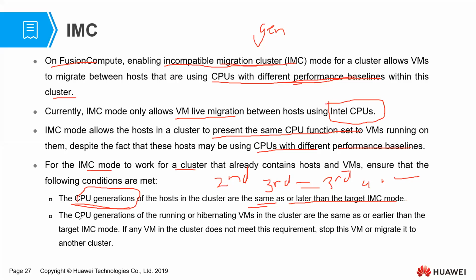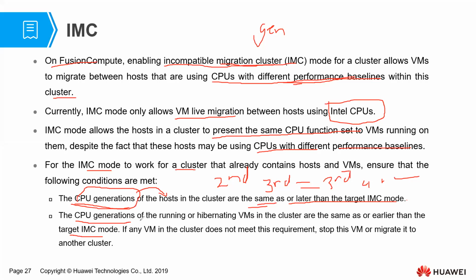Also, the CPU generation of the running or hibernating virtual machines in the cluster must be the same as or earlier than the target IMC mode. So what you should take note of: the CPU generations of the hosts must be the same or later.